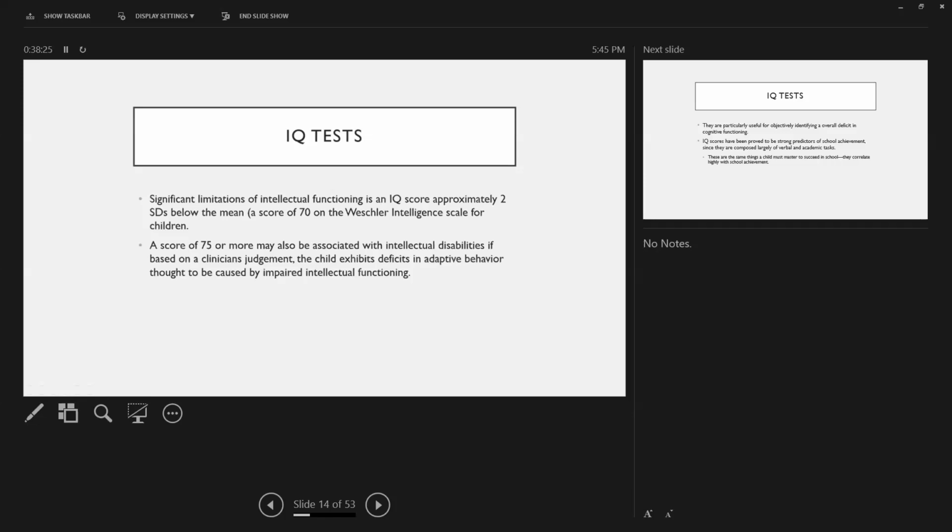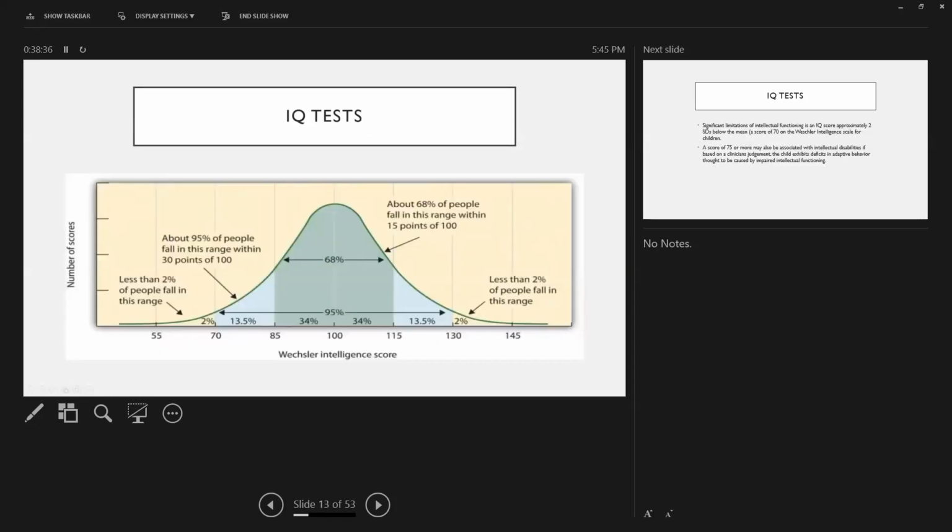And so significant limitations of intellectual functioning are associated with an IQ score approximately 2 SDs below the mean. So a score of 70 on this test, so kind of right here.